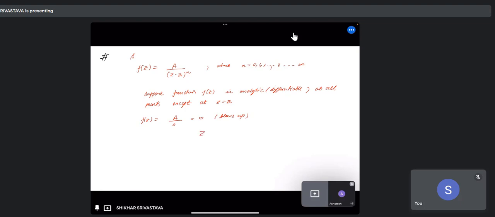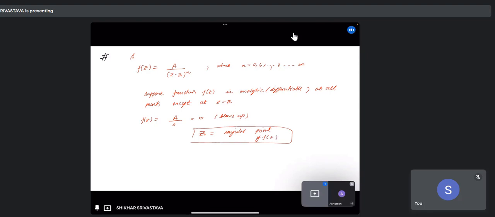Therefore, z naught is called the singular point. The point at which the function becomes non-analytic is called the singular point. So for this function, z naught is the singular point of f of z.